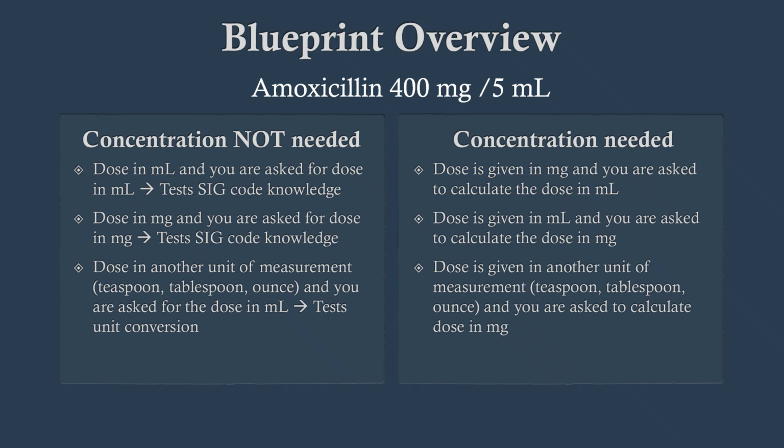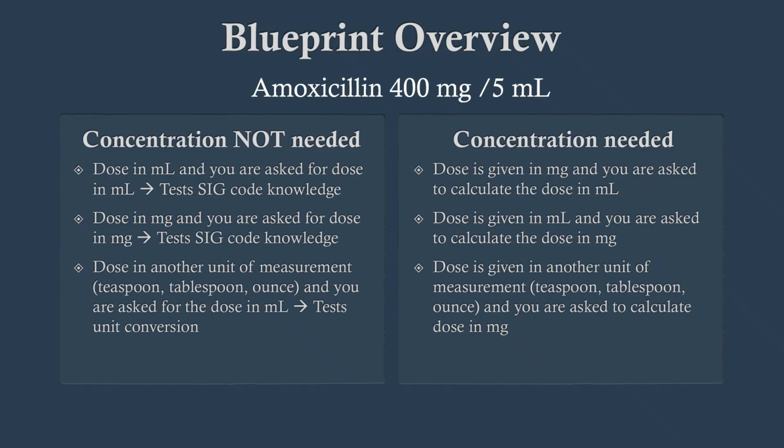They're just testing your SIG code knowledge. If the dose is given in milligram and you're asked for the dose in milligram, again, this is testing SIG code knowledge. You don't need to use the concentration. Finally, if the dose is given in another unit of measurement like teaspoon, tablespoon, and ounce, and you are asked for the dose in ml, this is testing unit conversion.